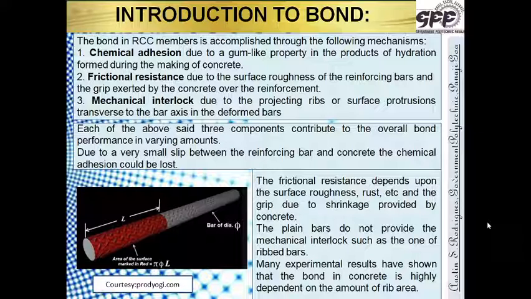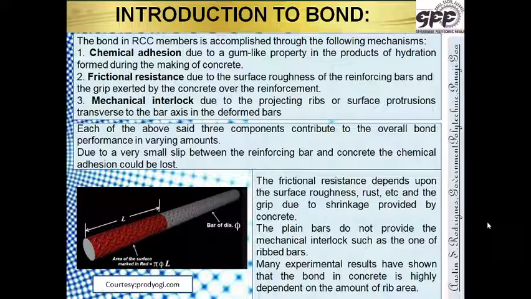Even if a good amount of load creates a small slip in the bar, we all know that this chemical adhesion can break and fail. So the first mechanism could be lost due to a small slip.